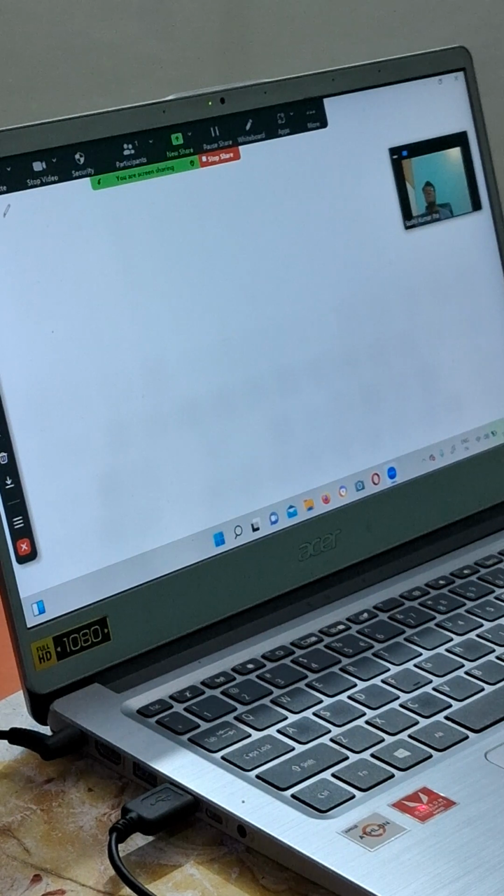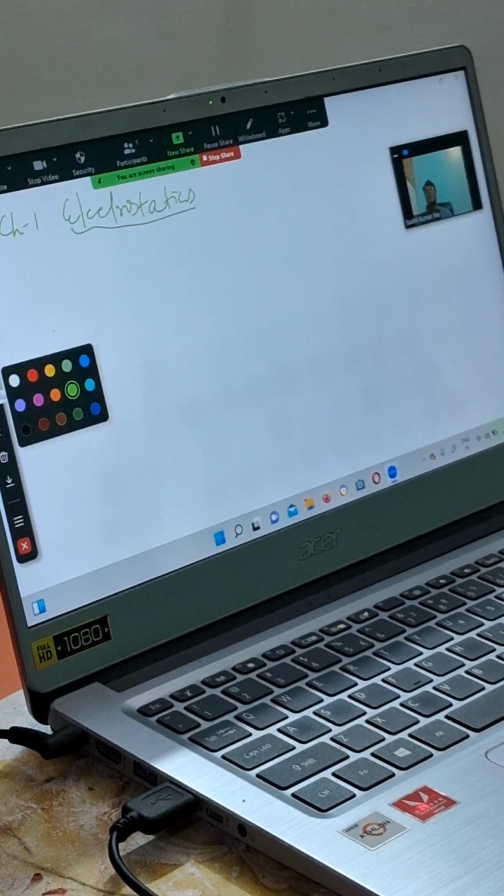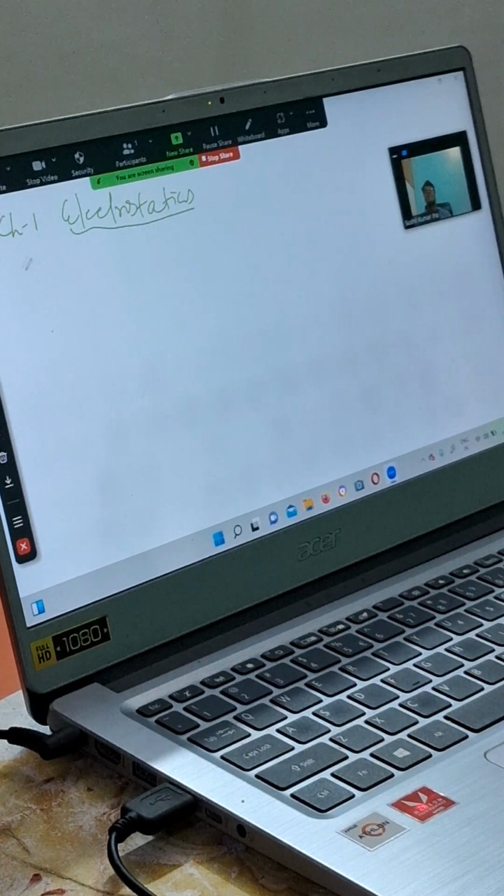Like we have chapter 1, which is electrostatics. When we talk about electrostatics, let us make a summary of the chapter. What could be the summary?